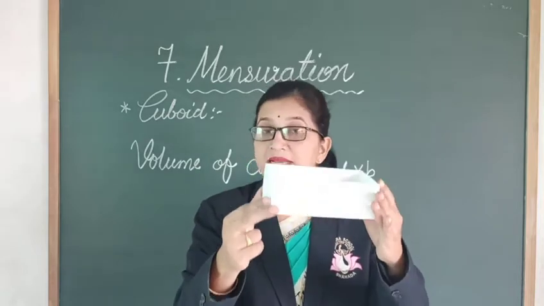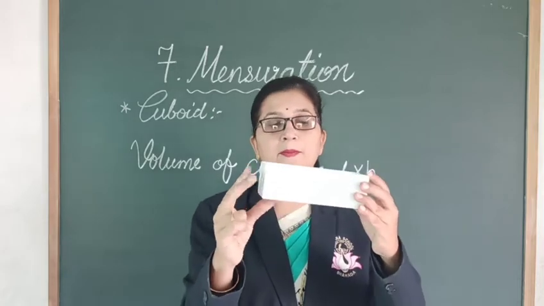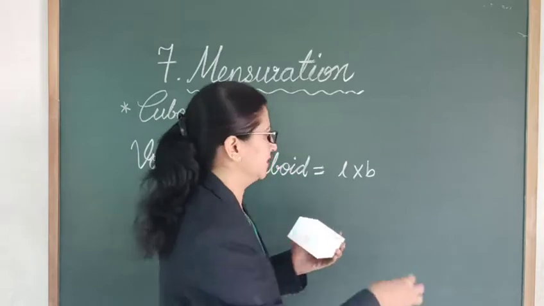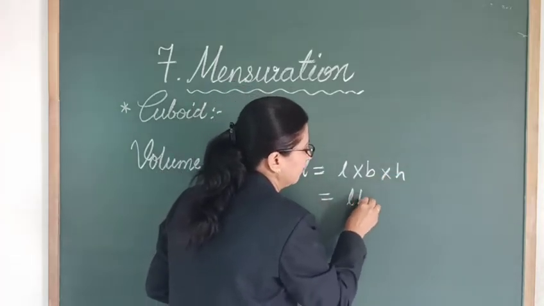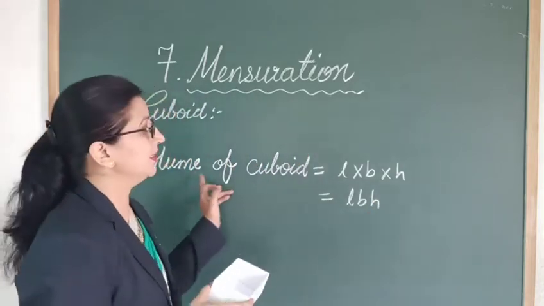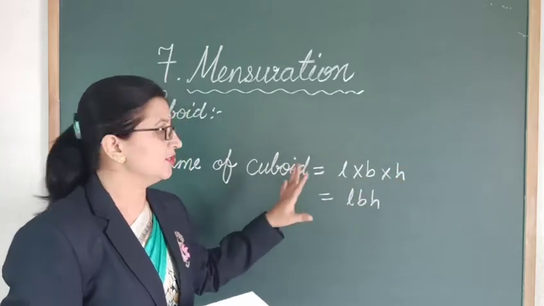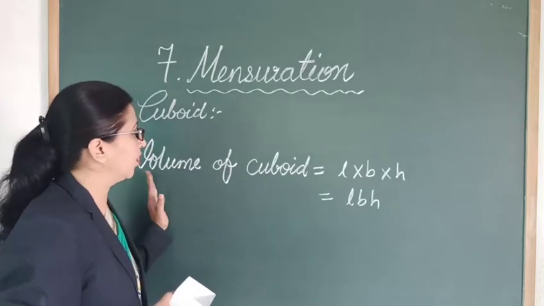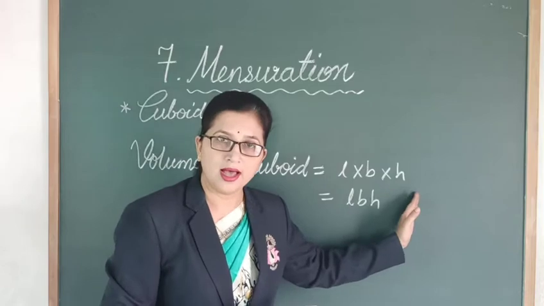So it depends on the base area as well as height. That's why we get the formula to find out the volume of a cuboid: length into breadth into height. So volume of cuboid is equal to length into breadth into height.